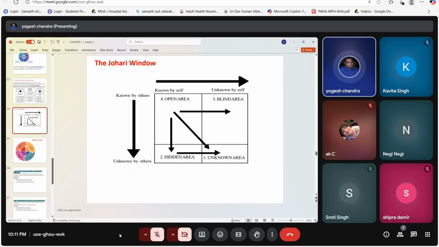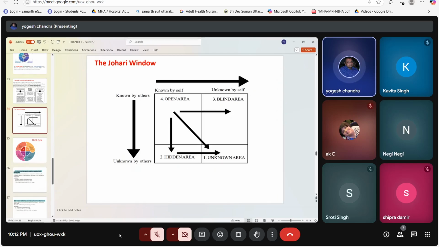If you can give some example, what is that particular window where you are unknown to yourself and people are also not knowing you? What is the implication of that particular area?